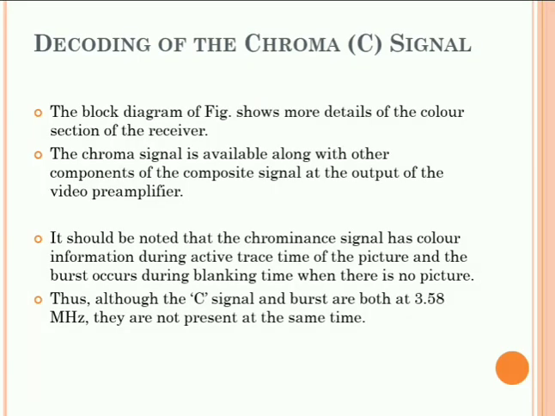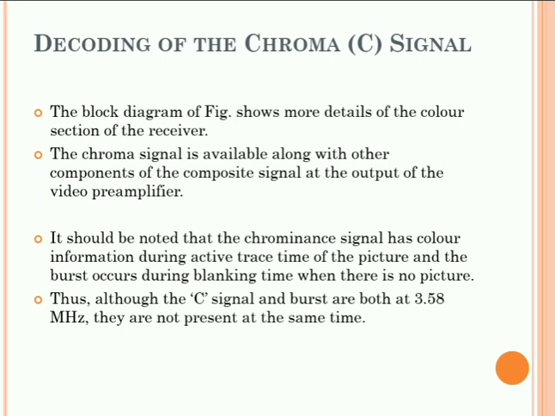As we have seen before, the composite video signal consists of the video signal, or camera signal, then blanking pulses and synchronization pulses. These are the three components in that composite video signal. At the output of the video preamplifier, we have the chroma signal and the composite video signal with these three components.